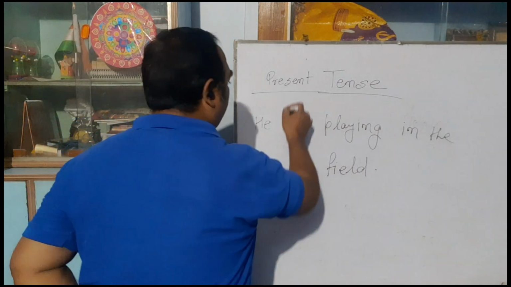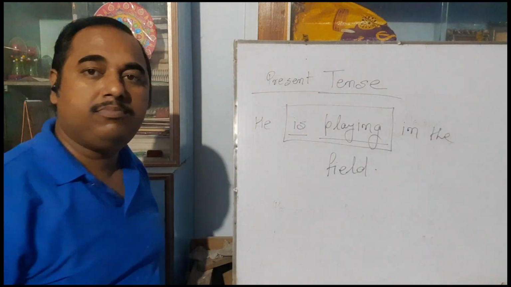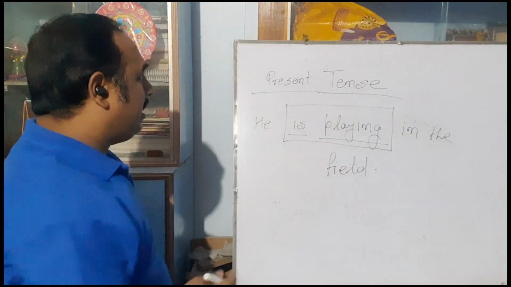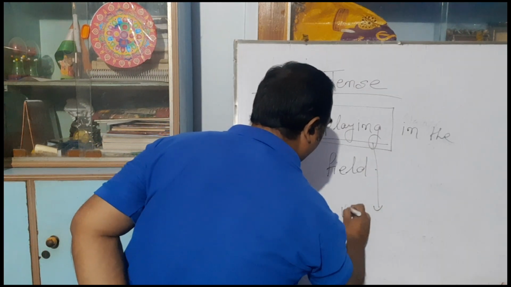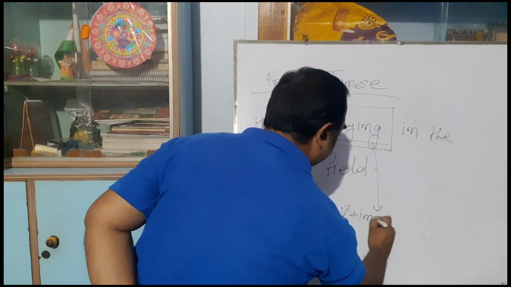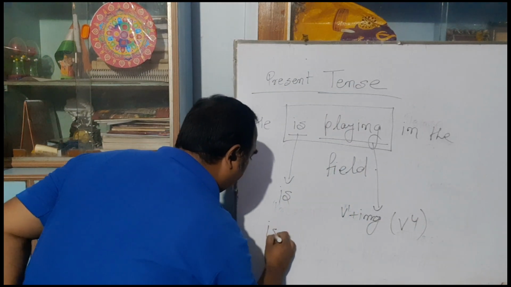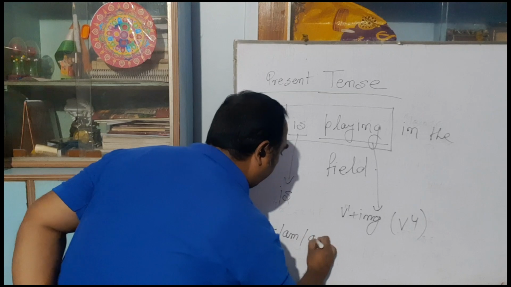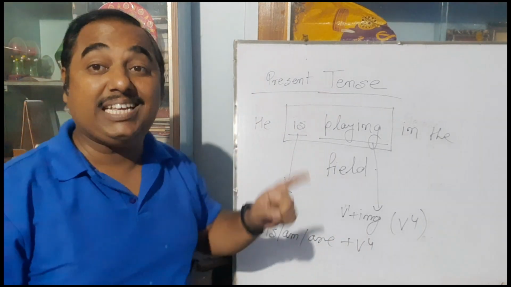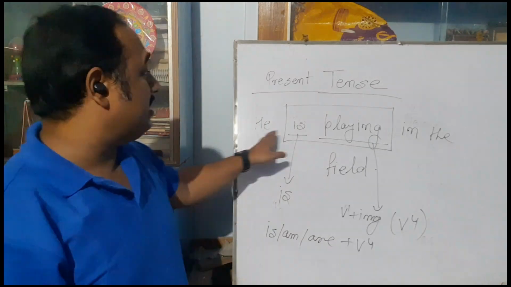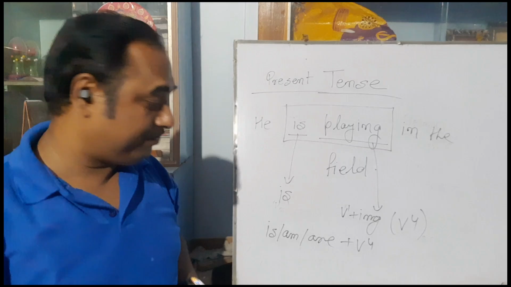What you will see, you have to see only the helping verb and the main verb. In the helping verb there is is, and in main verb there is V1 plus ing, that is called V4. So I have taught you is, am, are plus V4. This will be known as present continuous tense. So this sentence is of present continuous tense.